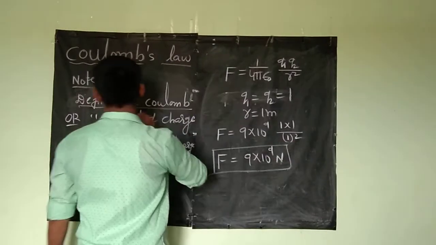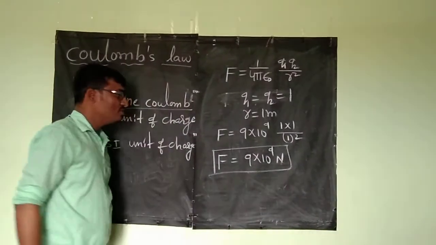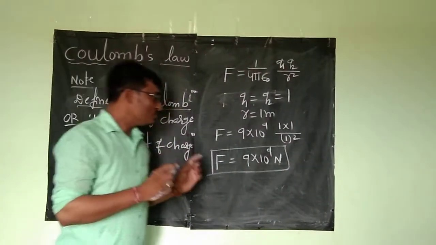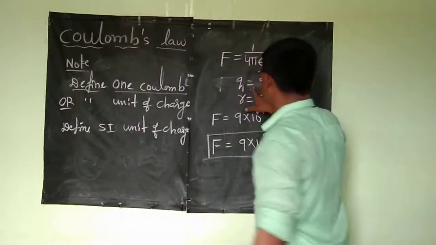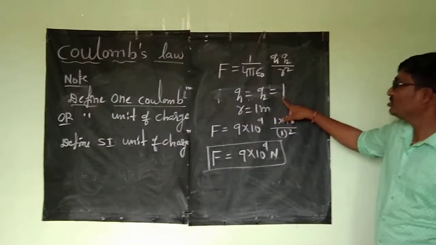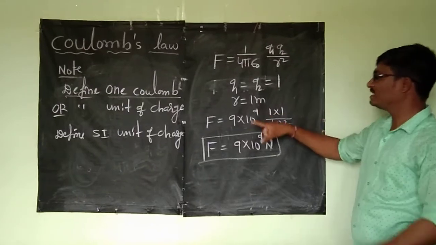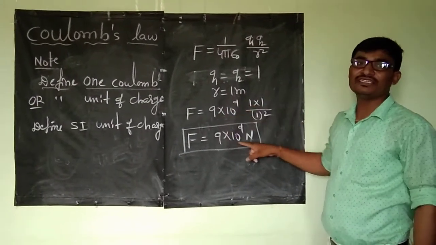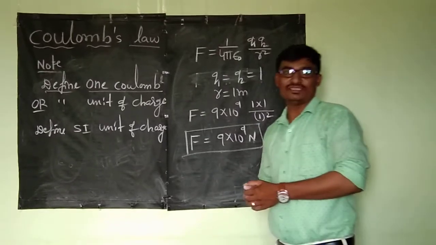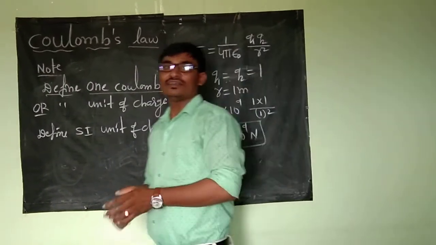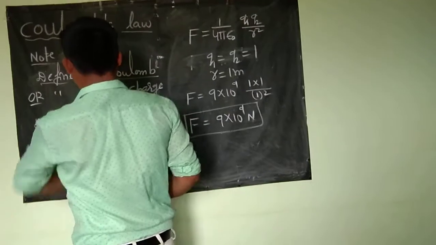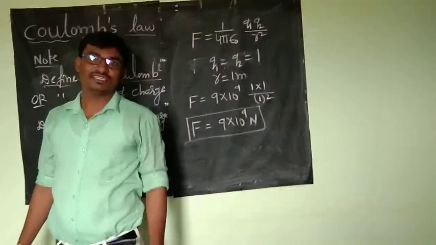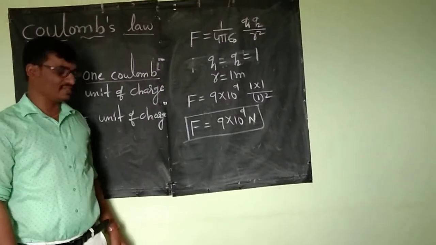So how to define 1 coulomb? Two same charges of magnitude 1, separated by a distance of 1 meter, experience a force of 9 into 10 to the power 9 Newton. This is called the unit of charge or SI unit of charge.